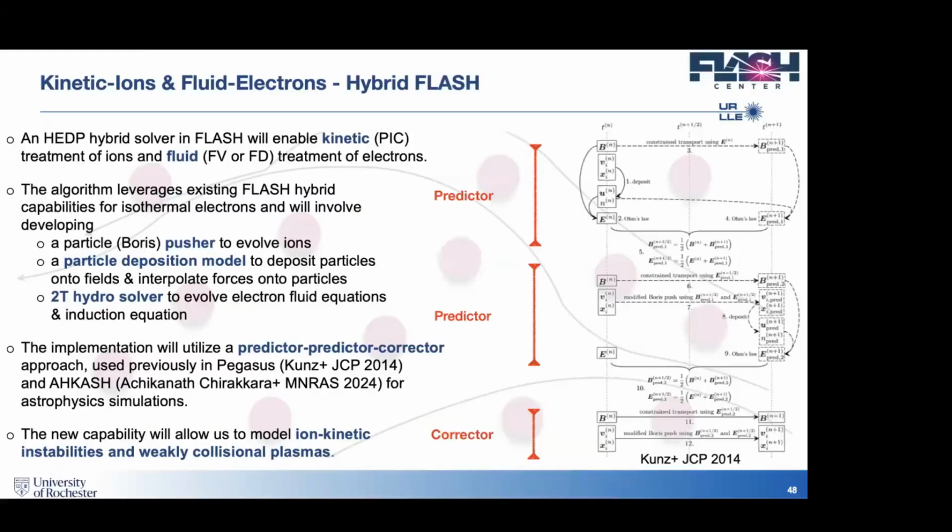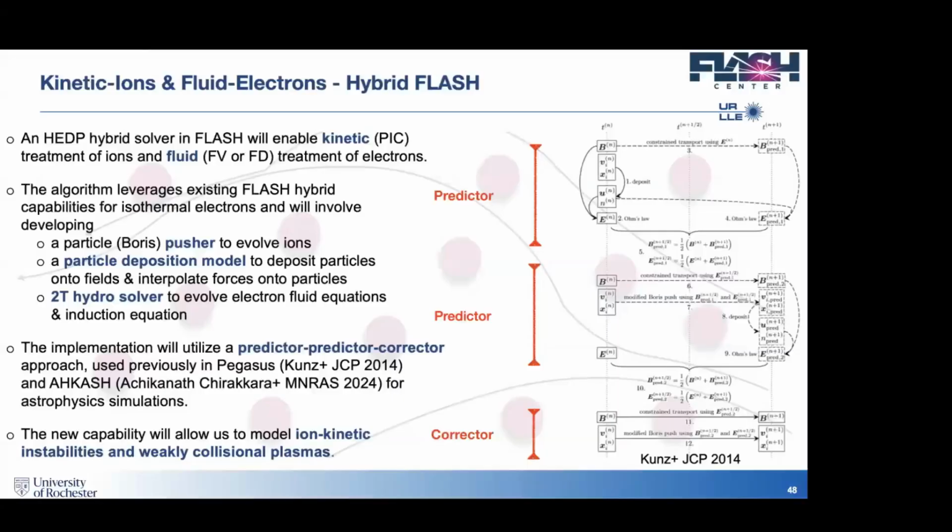Beyond that, I wanted to showcase a few things that might be relevant for the research that folks are doing here. There is an ongoing effort in the Flash development now to take our code and make it into a hybrid code, in the sense of treating the ions as particles and the electrons as a fluid. This opens up the weakly collisional plasma regime for modeling.